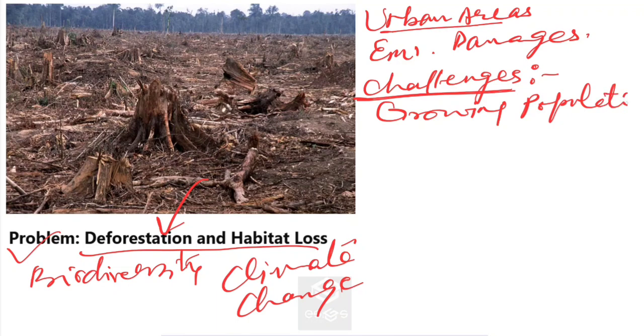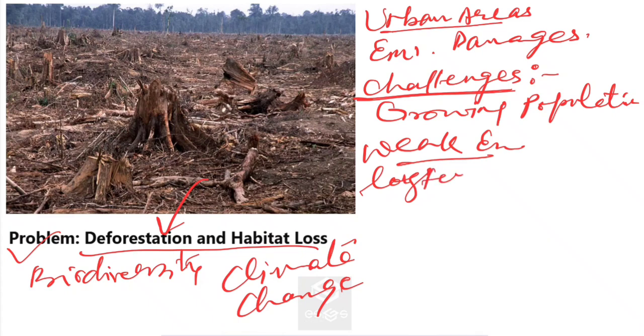Also, weak enforcement of environmental regulations and lack of alternatives for local communities make it difficult to slow or reverse deforestation. Furthermore, the short-term economic benefits of logging and agriculture can make it difficult for governments and business houses to prioritize long-term sustainability.